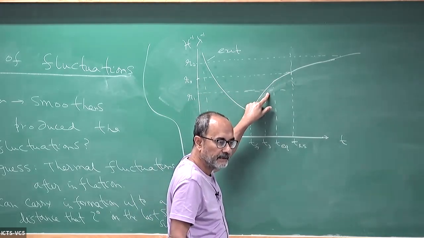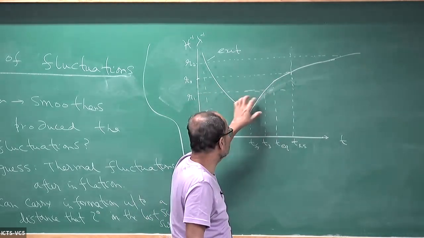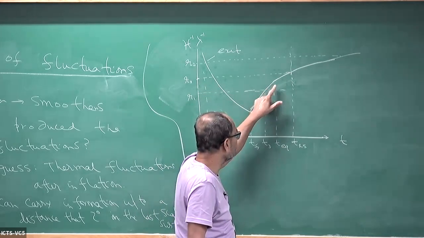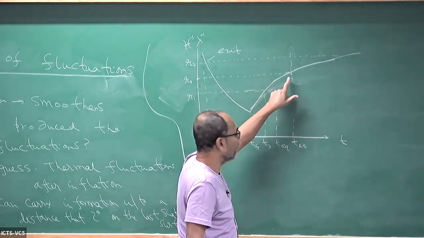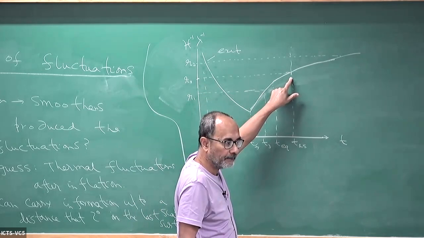So fluctuations at scale R1 could be affected by the microscopic physics before the time of last scattering.